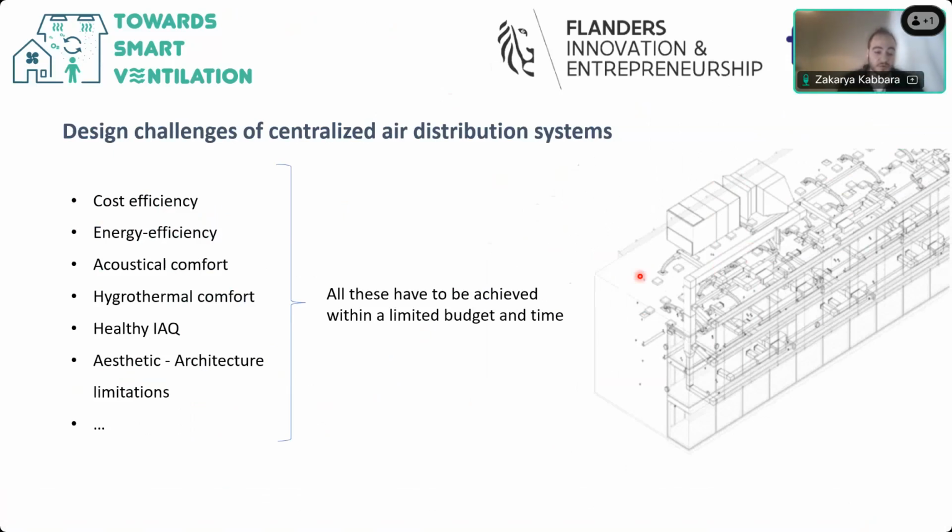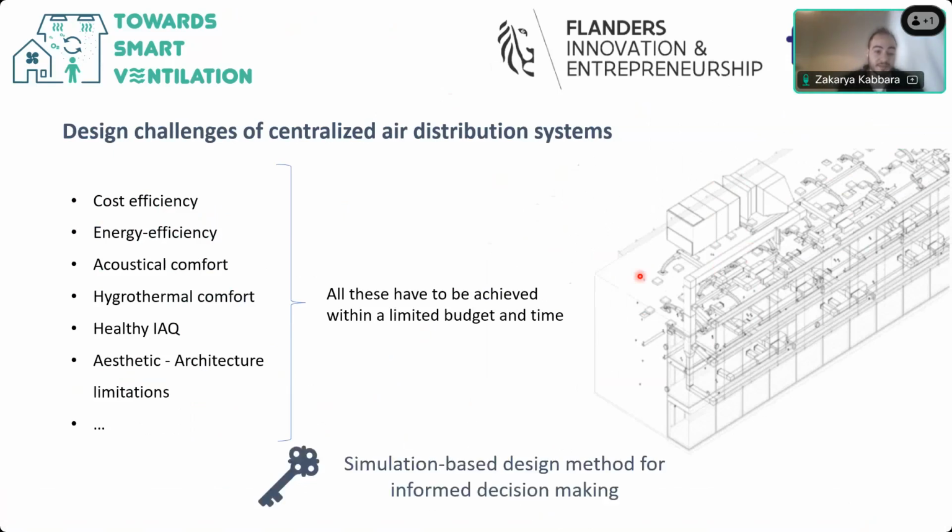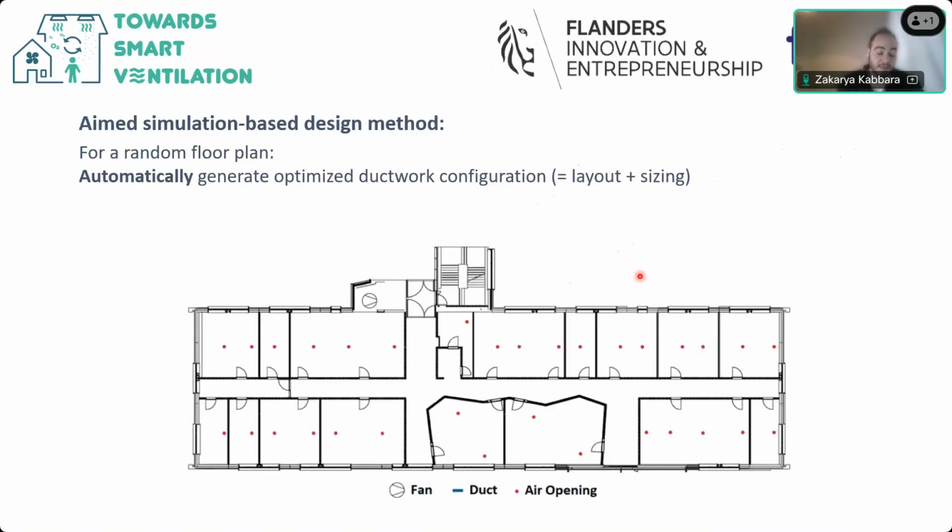So what we wanted to do in this project is to find the cure for these challenges. And by that, I mean the simulation-based design method that we developed for informed decision-making to help the design engineer in the design process. So let's see what's the aim of this simulation-based design method. So here is the deal.